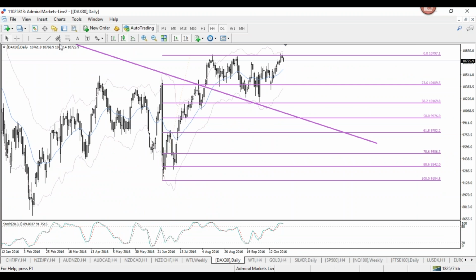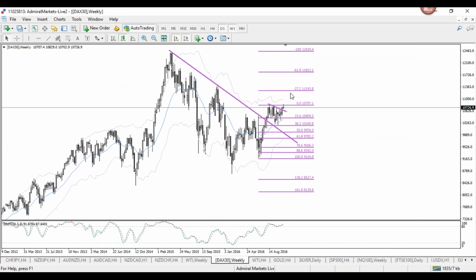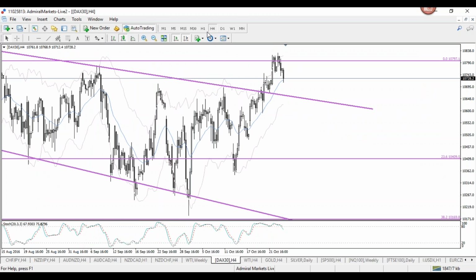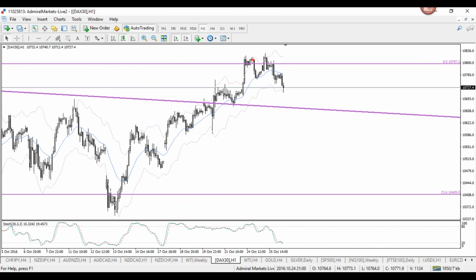It is breaking resistance finally with some small candles here, so that could be the breakout to the target after 38.2 pounds. So this could be a zigzag or smaller correction down back to support.